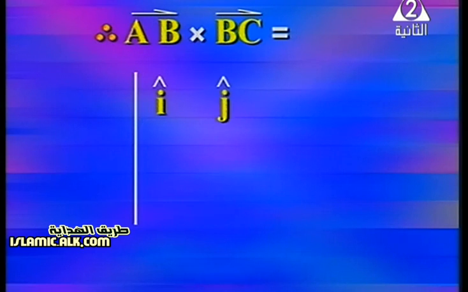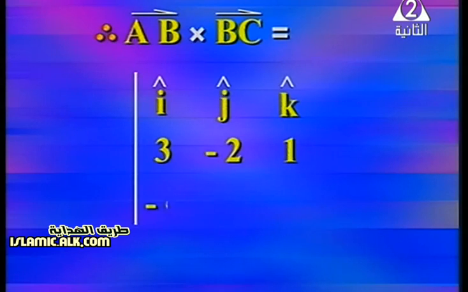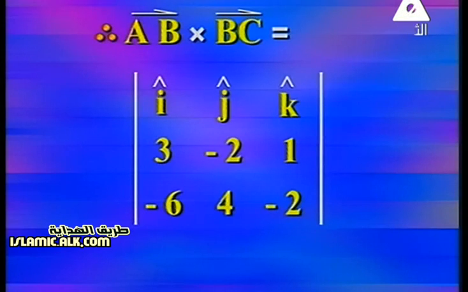AB vector cross BC vector. By using the determinant with i, j, k in the first row, AB vector components 3, -2, 1, BC vector components -6, 4, -2, equals 0.